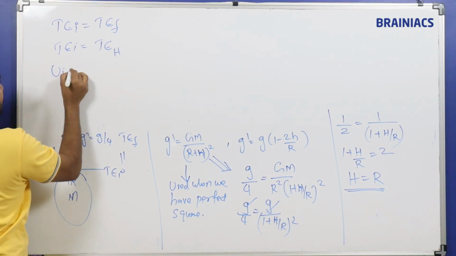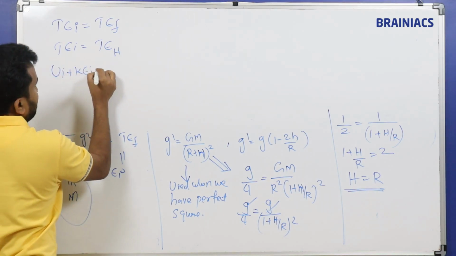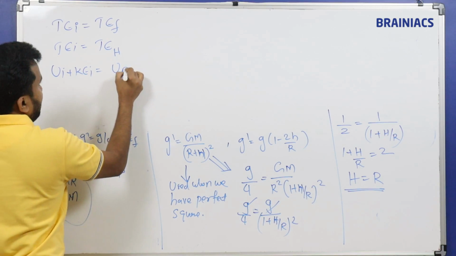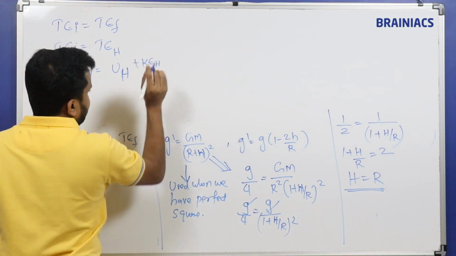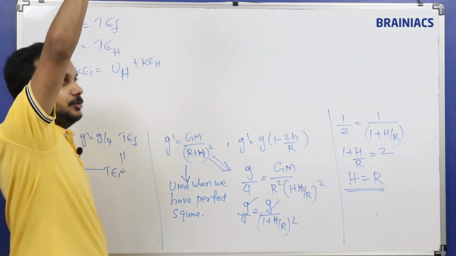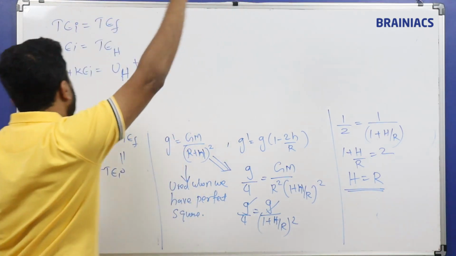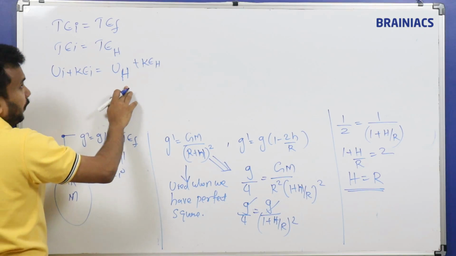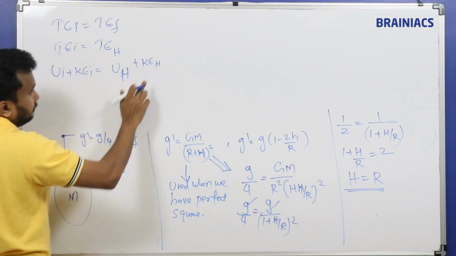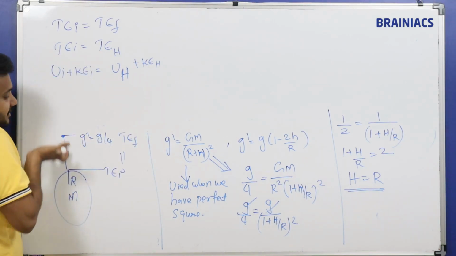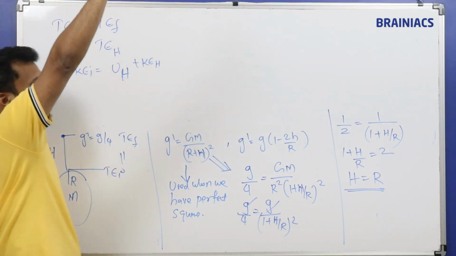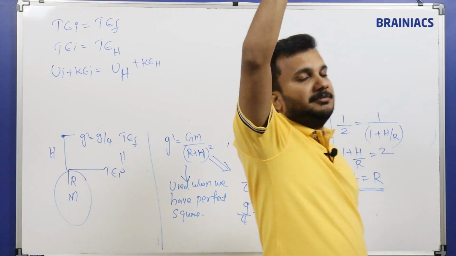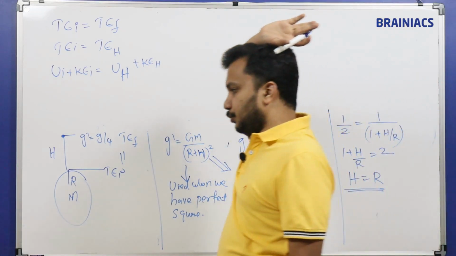So here potential energy initial plus kinetic energy initial is equal to potential energy at height h plus kinetic energy at height h. It is thrown to a maximum height of h, beyond that it is not going. So that is the condition given. It is thrown from the surface of earth and goes to a height of h, where the acceleration due to gravity g dash equal to g by 4.